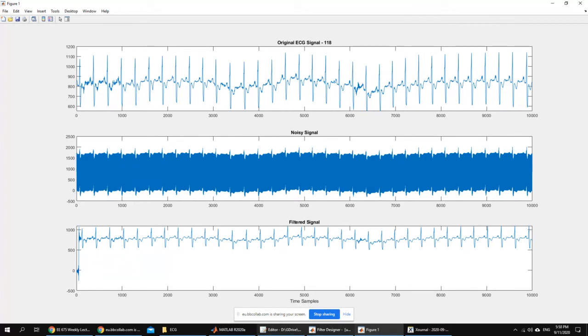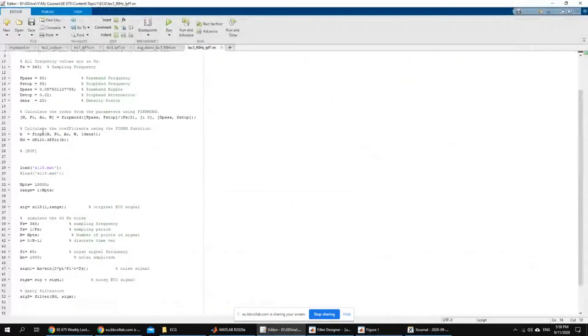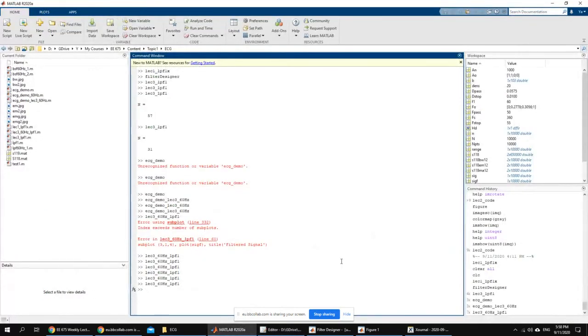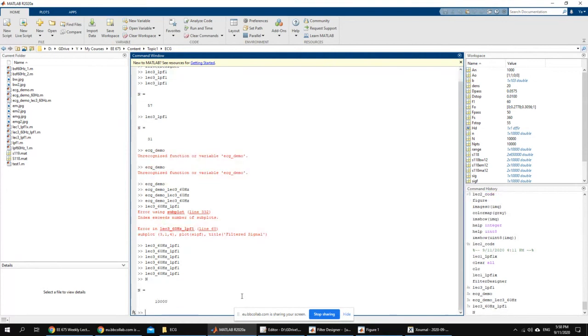Okay, so now we can actually optimize. If you want to optimize this filter, what I would do is play with these fpass and fstop. The order here, I'm not sure actually, maybe you can just check it. The order is in N. N here is, actually it's not clear. It's overwritten here. So maybe I just put N here.